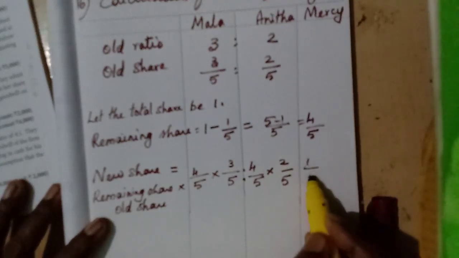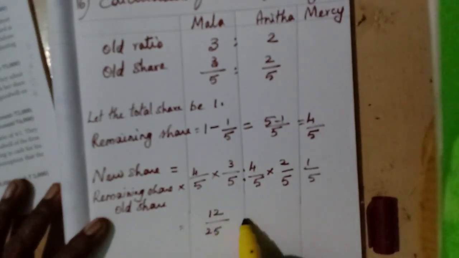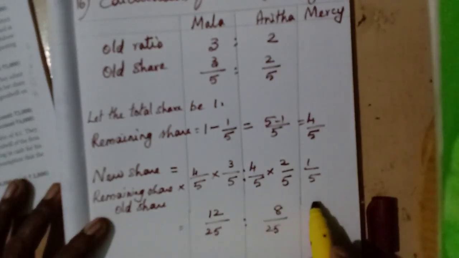Mercy's is 1/5. Now 4 into 3, 12/25 and 8/25.